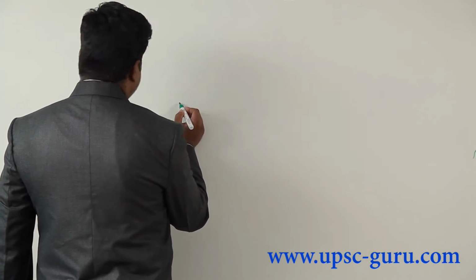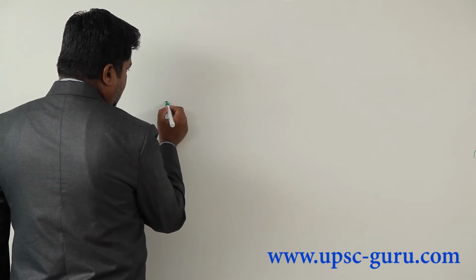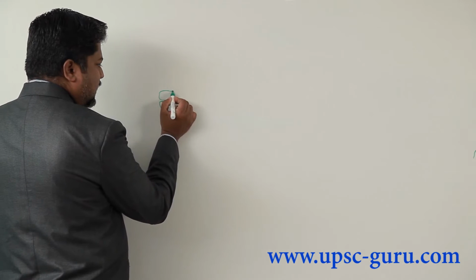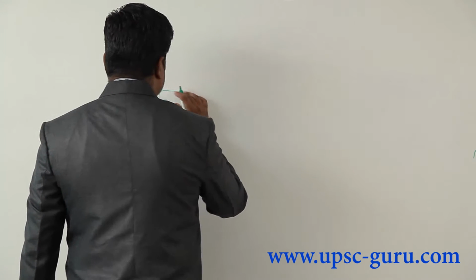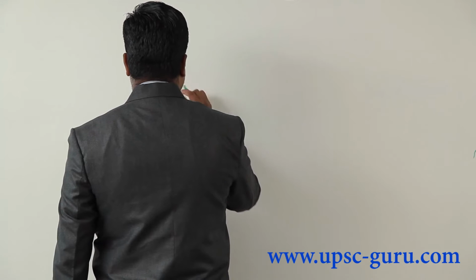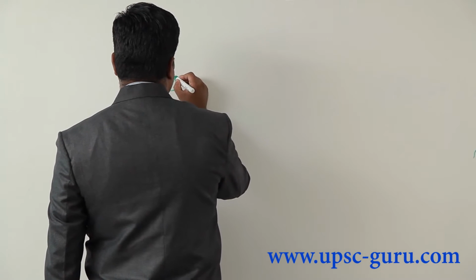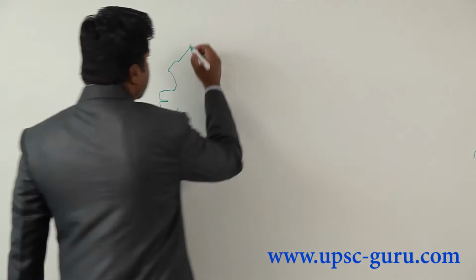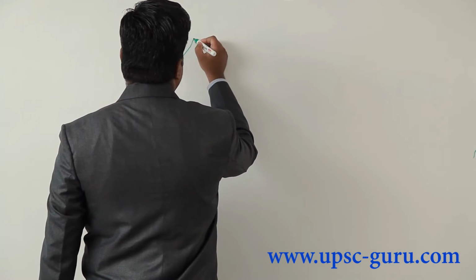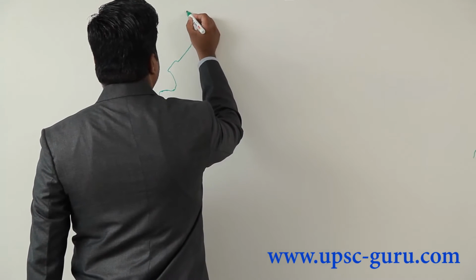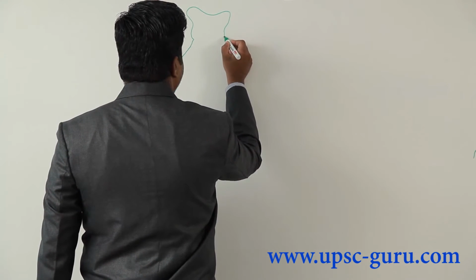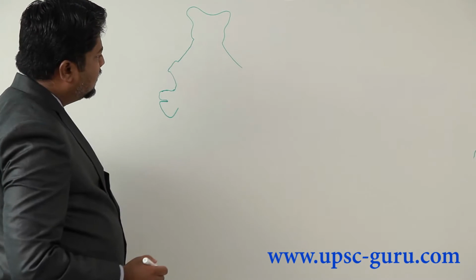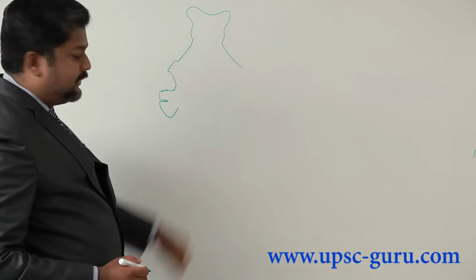As usual, we are starting the drawing of this map from Gujarat. Then this is the Rann of Kutch. Rajasthan territory, you can observe here, then Punjab, and then Jammu and Kashmir, then Himachal Pradesh, then Uttaranchal.